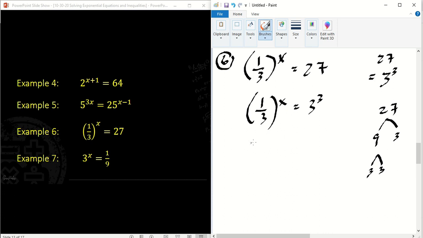Okay. So, pwede natin kunin ulit yung 1 over 3 to the x power. Actually, si 1 kasi raised to n exponent, that will be equal to 1 also. And then, i-reciprocal ko yun. So, 1 over 3 to the negative 3.